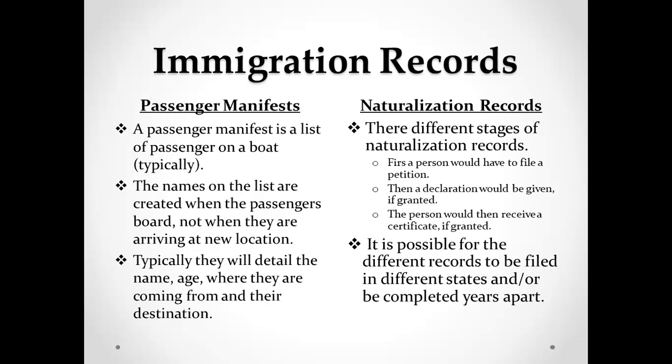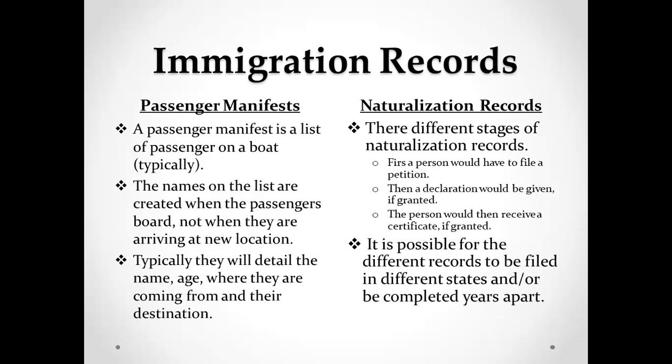Unless you're one of those lucky ones who can track to some of the first ships to Jamestown and such. So this is going over more of the recent immigration records in the late 1800s and early 1900s.